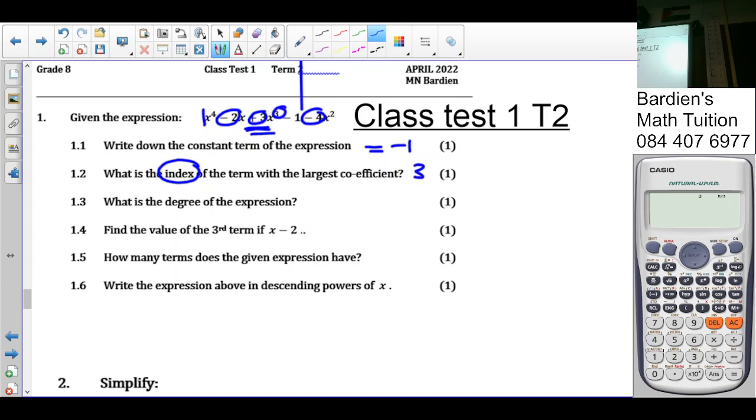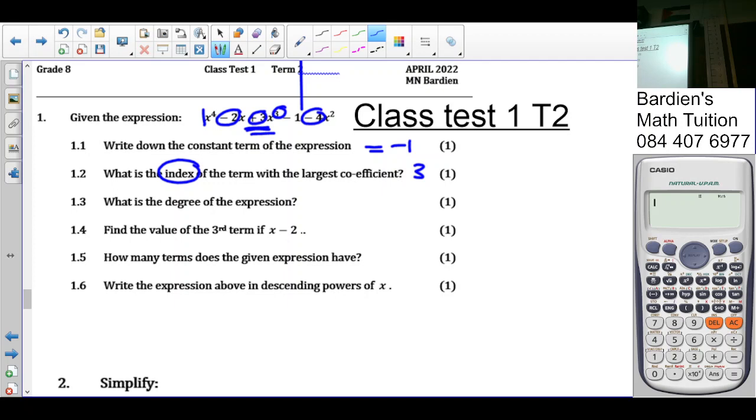If you write 3x cubed, you're going to get it wrong because you haven't answered the question. The question was not to write down the term that has the largest coefficient. The question was, what is the index, or what is the exponent, of the term with the largest coefficient?